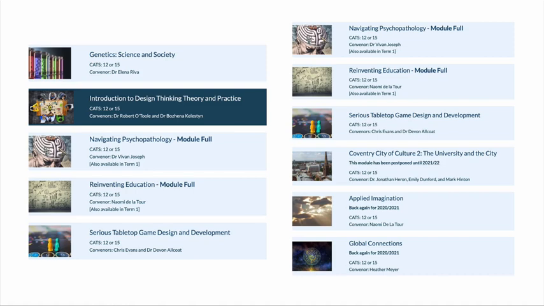And there we are, we have Introduction to Design Thinking, Theory and Practice. You can see that it's a CATS 12 or 15 points, so there's two different amounts of credit that the students can get to this, which gives us some complications, and also the fact that it's for second, third or fourth year students as well makes life a bit complicated too.